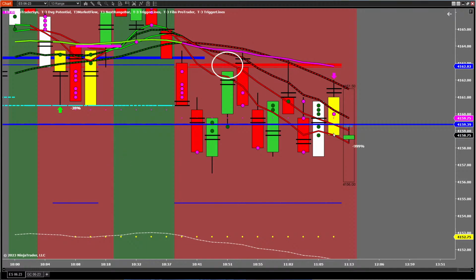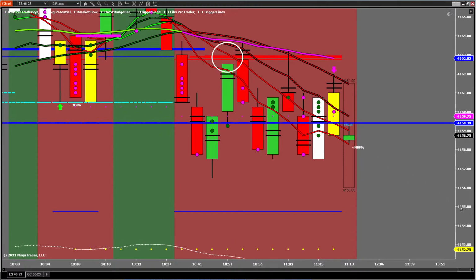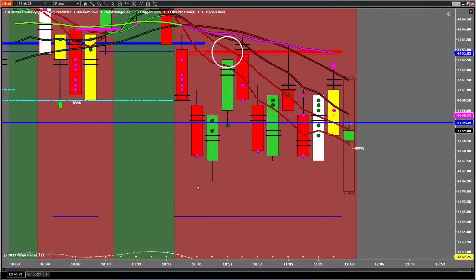What's changed to make me think it's going up? And this is the way I use this chart to slow me down. I can't go long when my triggers look like this. We're probably going to end up down here somewhere.